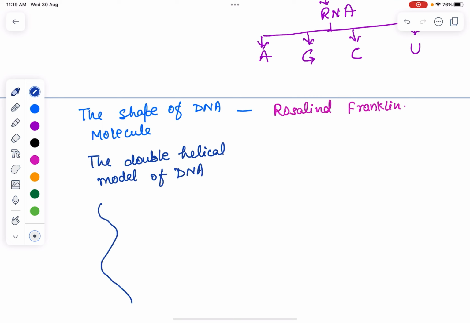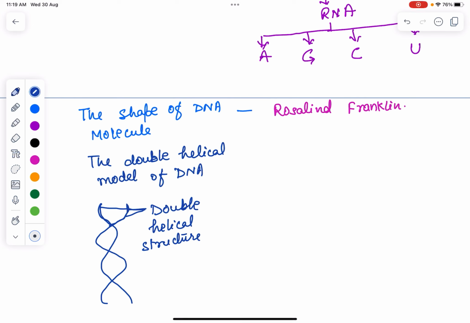This double stranded structure is called a double helical structure. It was given by Watson and Crick.